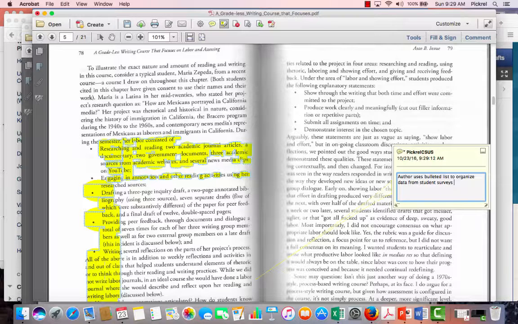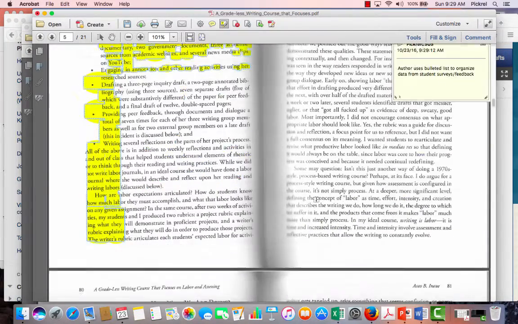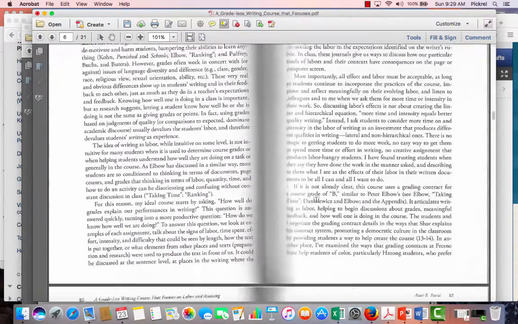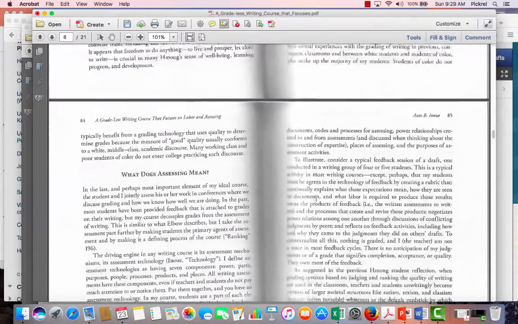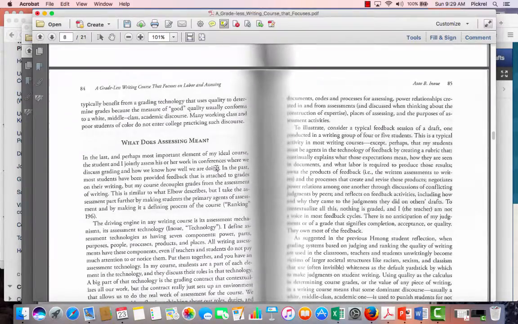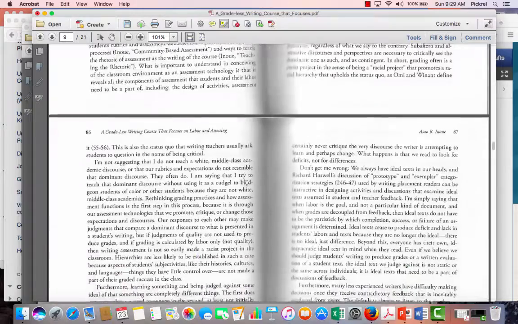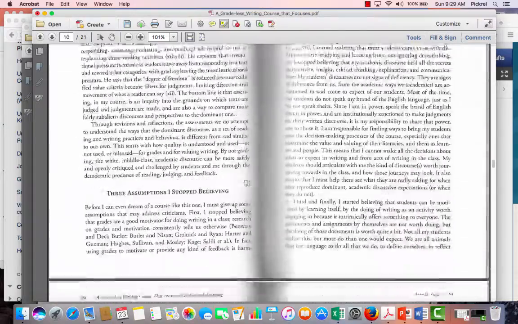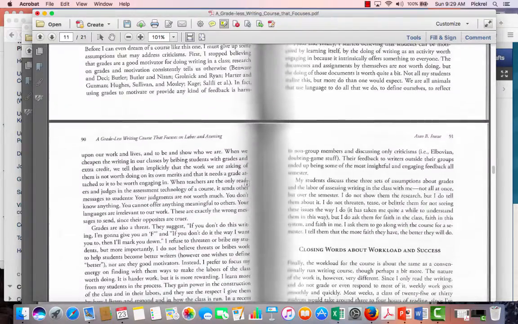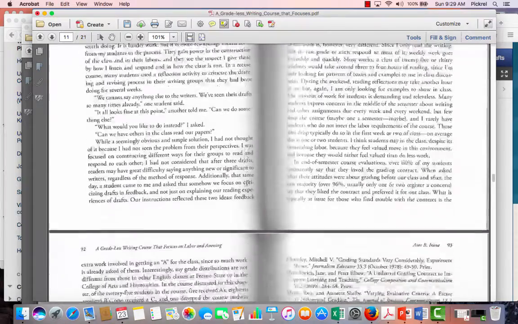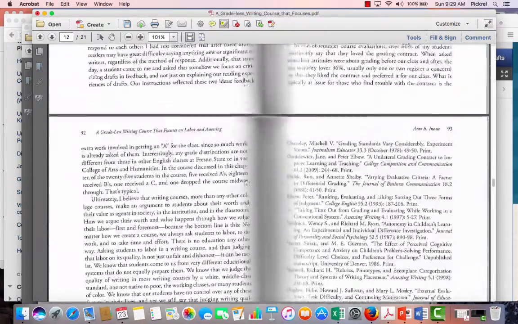Student surveys, feedback. Okay. And as we move through, we can see that there are other headings that go over the basic things that he intends to cover in the article. And so that helps to organize the information throughout.